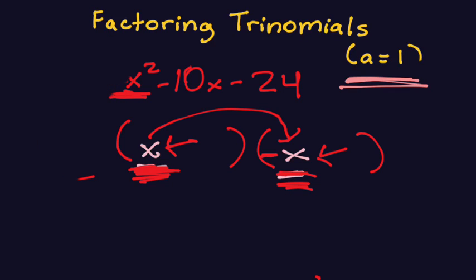They're always going to be x if the a value is equal to 1. Okay, so that's really easy. As soon as you're given a trinomial problem like this, right away, you're just going to want to put the x there. The only thing you have to pay attention to is whether you're going to add a negative x, if this is negative, or just keep it positive. Okay? So we have that done already. The first component is done.